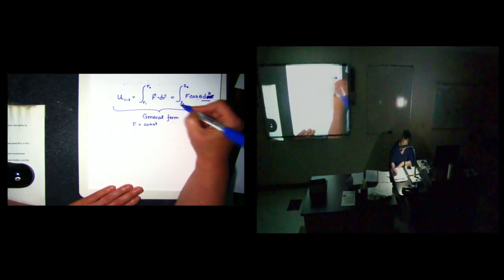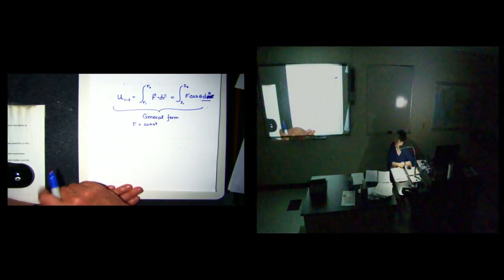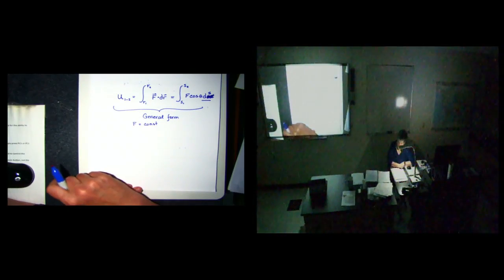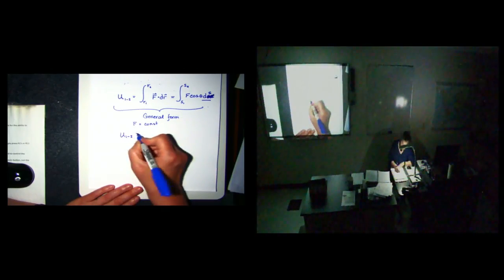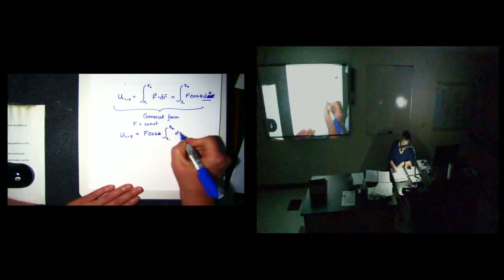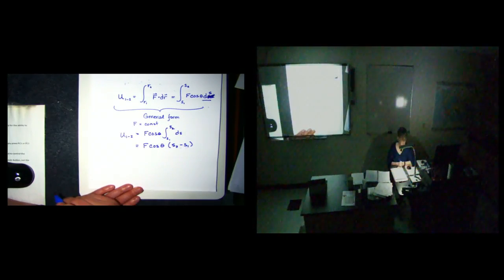Okay, but now if we do a dr that looks like this, and I've got a force and I do my force dot dr, that's my more generalized form, right?